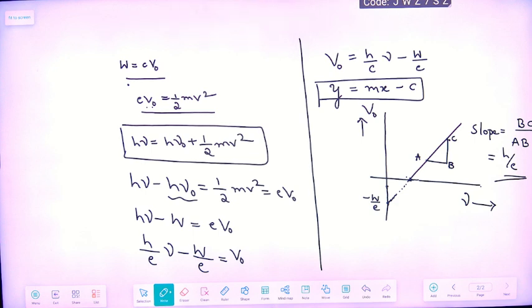Stopping potential is zero, but frequency is not zero. So beyond that, the stopping potential will be negative. Why? See, stopping potential is the negative potential needed to remove an electron. Even at positive frequency, stopping potential will be negative.